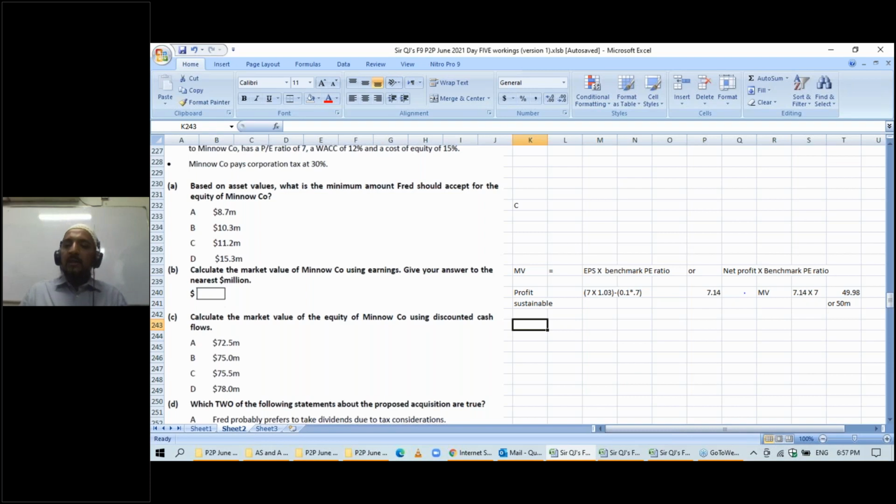Okay, one more thing I want to explain in this topic, business valuation, is the efficiency of markets. Remember, there is a very important thing: the investors in the market, what level of information they have.